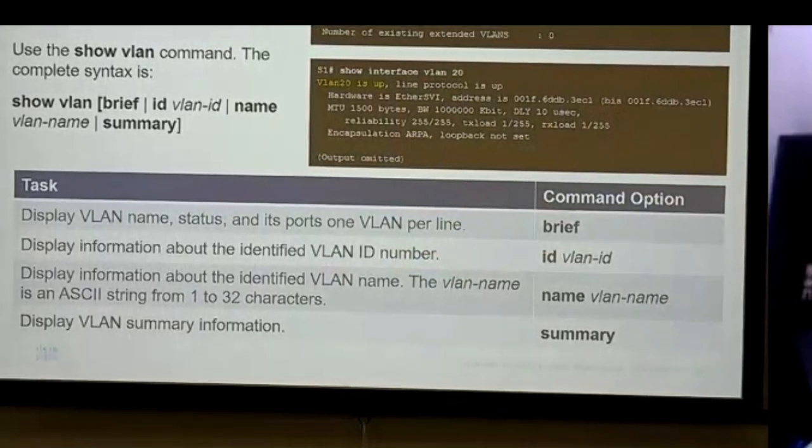Personally, I like show VLAN brief because it shows you more information. No, it's show interfaces. My hands know what to type. So play around with these commands.